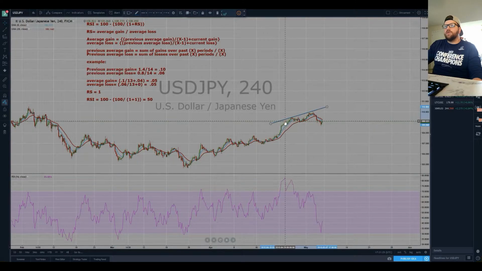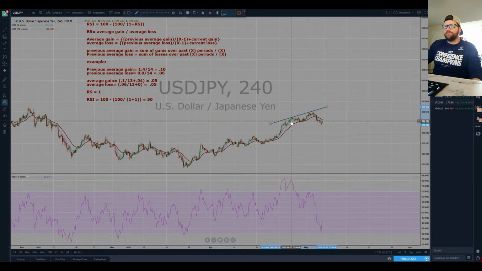However, if you'll notice, as price is continuing to go up here, you'll notice the RSI is continuing to go down. Looking at every single high, so we have the ultimate high on the RSI being this bullish candle right here. Then we see the RSI dip.